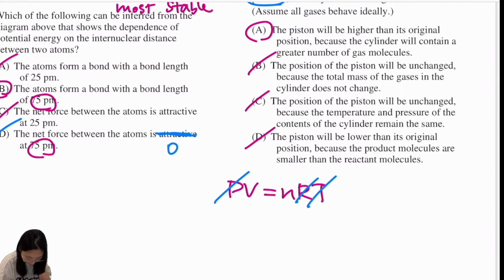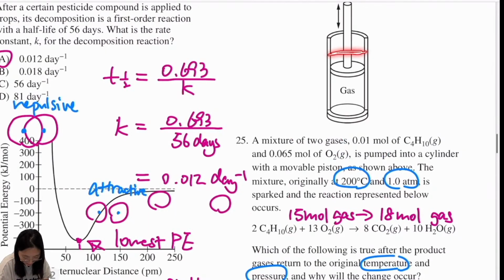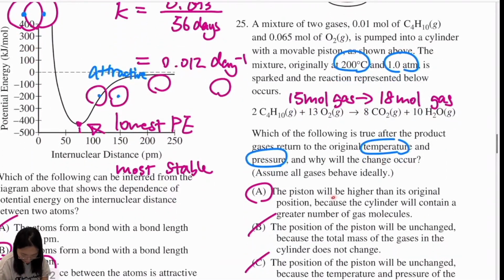So what really matters is the number of moles of the gas and the volume. If the moles increase, volume also increases. If the moles decrease, volume also decreases. The number of moles has increased from 15 to 18, so the volume should also increase. That's why the piston will go a little bit higher, so the gas can occupy more volume. So it will be A.